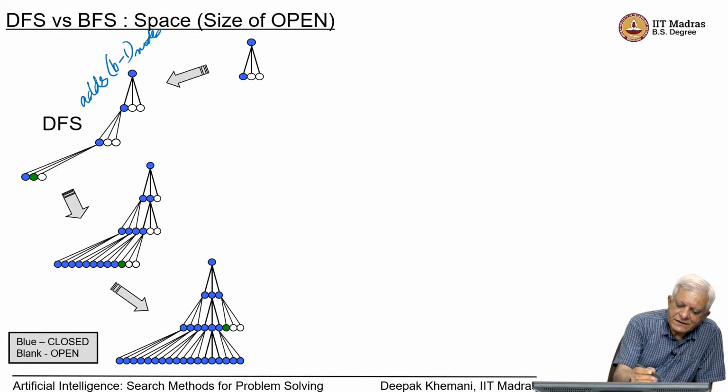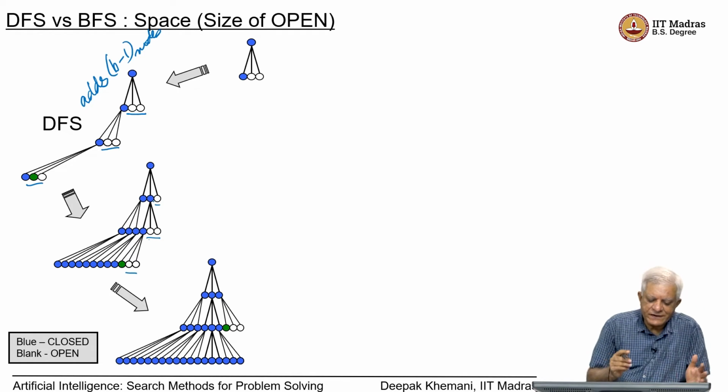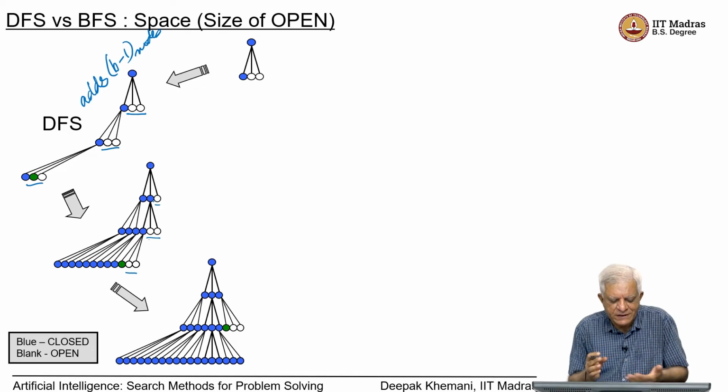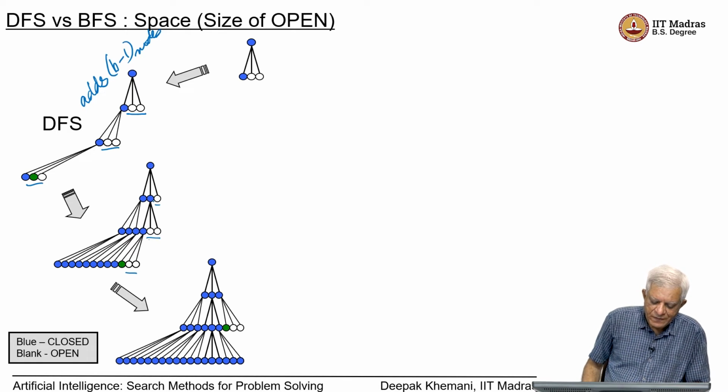So, with this branching factor of 2, you can see that it is added 2 nodes here, it is added 2 nodes here, it added 2 nodes here, out of which it picked that one, and at every stage it is adding basically 2 nodes essentially. And in fact, as it sweeps from left to right, then that 2 will also get reduced later to 1 and so on. So, what do we see here?